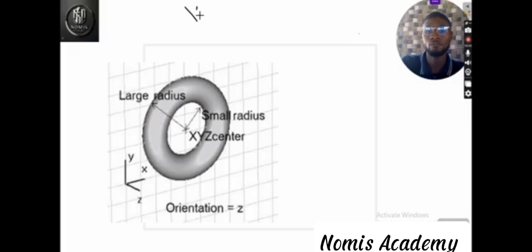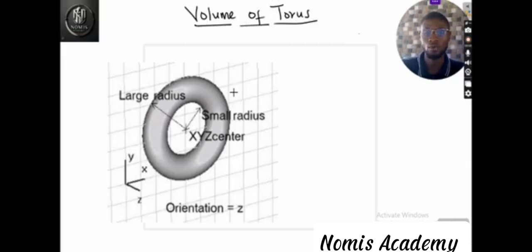Volume of torus. Now, when we deal with torus, we should have this background understanding that we are dealing with two types of radius. So we have the outer radius and we have the inner radius.